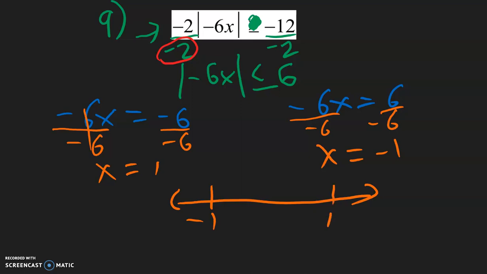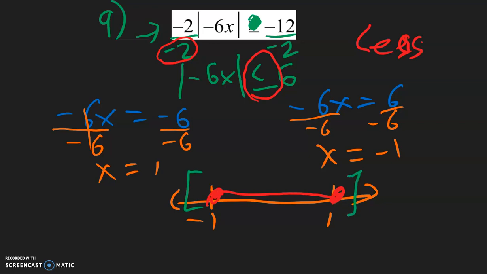And looking at the inequality symbol, because we have a line underneath it, filled in circles, and because this is less than, that symbol looks like an L, so less than, so on the inside. Now the brackets, square brackets, so the answer is going to be square bracket negative 1 comma positive 1 square bracket.